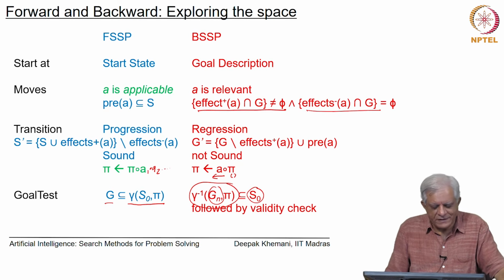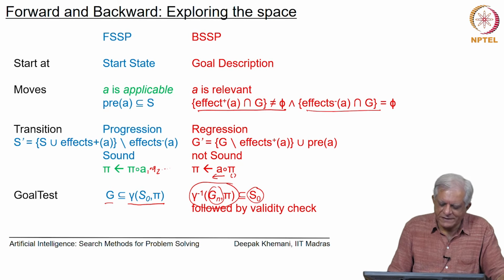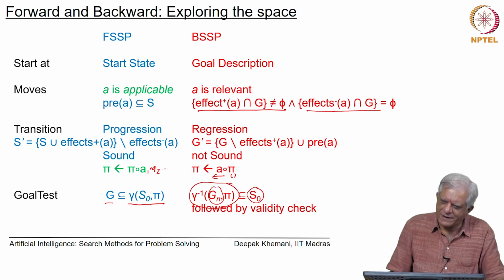We said that we must do a validity check: is the plan that has been returned by the algorithm a valid, feasible plan or not? If not, you would have to backtrack and try another plan.